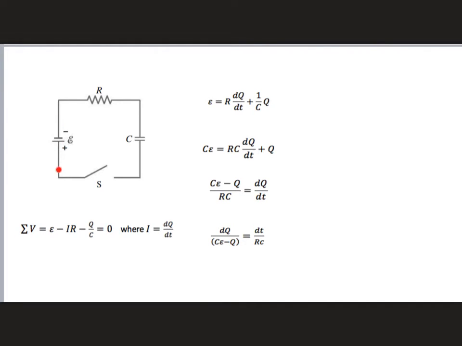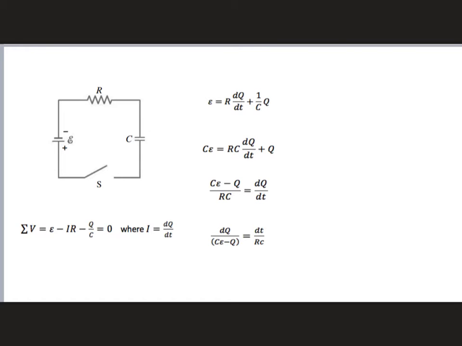As the current goes through the battery, there's going to be a voltage gain, and then when the current goes across the capacitor, there's going to be a voltage drop of Q over C. That comes straight from our equation that Q is equal to VC. So if I solve for V, I get Q over C, and that's the voltage drop across the capacitor.